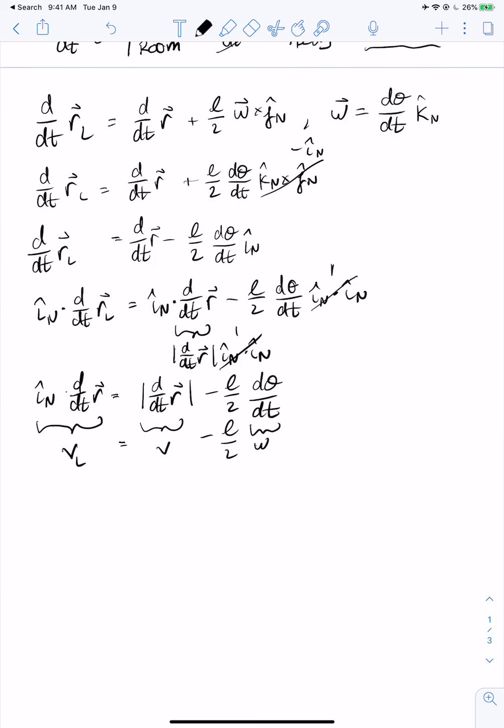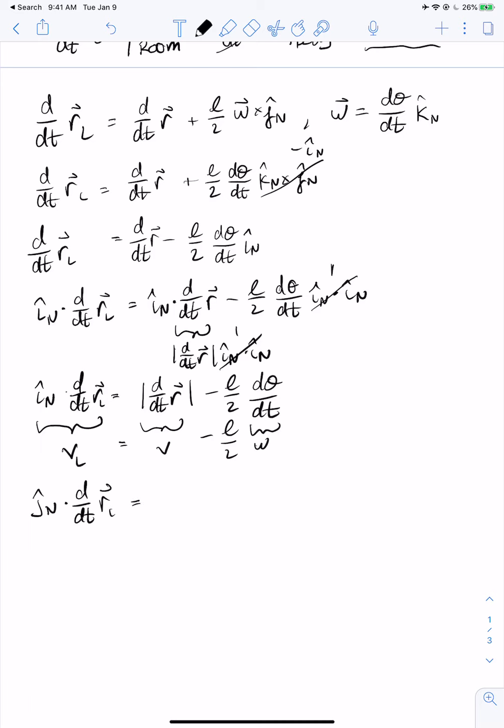Okay, just for the sake of completeness, we could also take the dot product with the j hat Neato axis. So we might be interested in saying, is there any lateral velocity of this wheel? We think probably no, because the wheel can't move in that direction, but we can just test it out by taking the appropriate dot product. Whoops, forgot an L here.